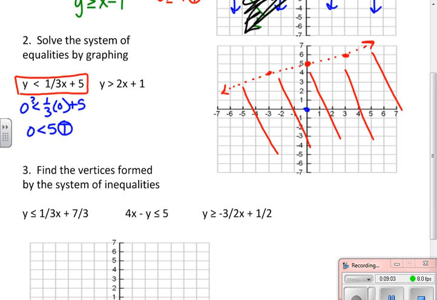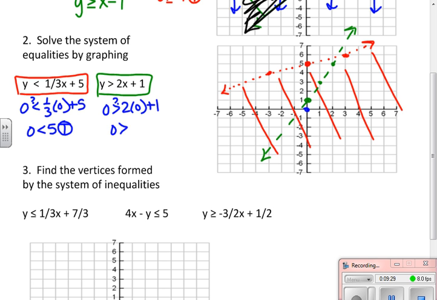Then I'm going to go ahead and graph this one, which has a y-intercept of 1. It has a slope of +2 over 1, so I go up 2, right 1, up 2, right 1. It is also a dashed line. And again, I'm going to test with my 0, 0 point. Is 0 greater than 2 times 0 plus 1?